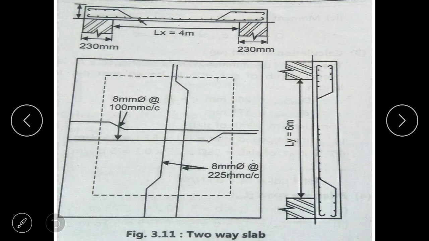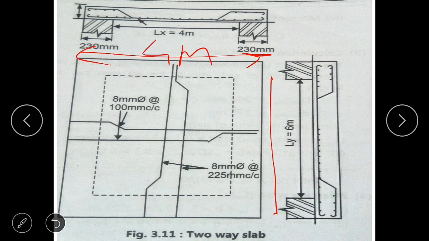Okay. So here is the two-way slab diagram. Here our span is 4 meter, and here our span is 6 meter. So Lx is 4 meter, Ly is 6 meter.